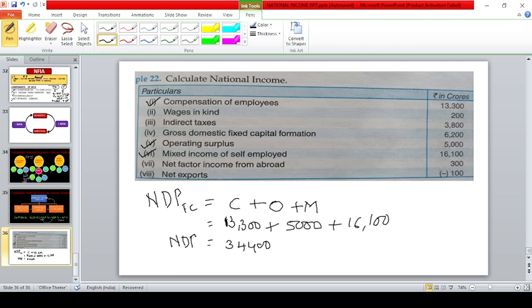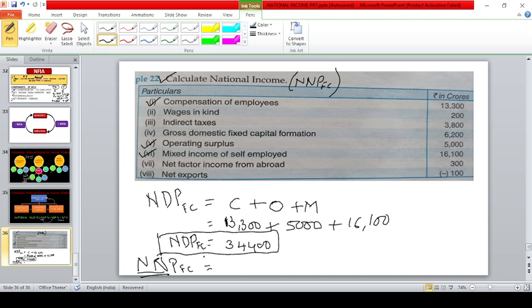Now we have calculated NDP at factor cost with the help of COM. Now we have to calculate NNP at factor cost, which is our national income. As per the question given over here, calculate national income, that is nothing but NNP at factor cost.